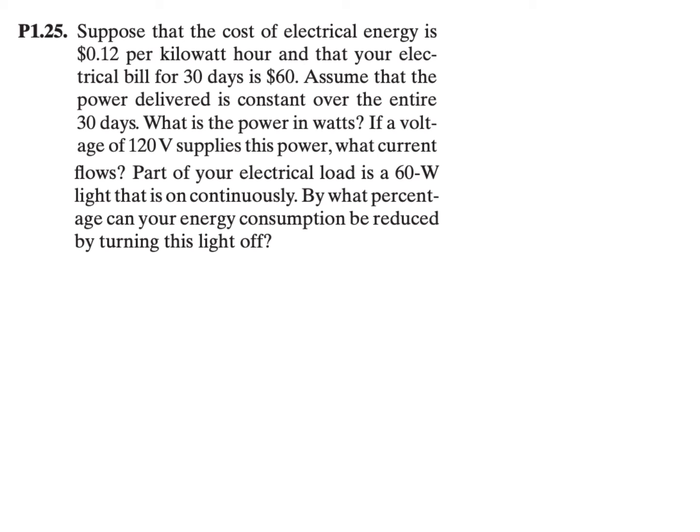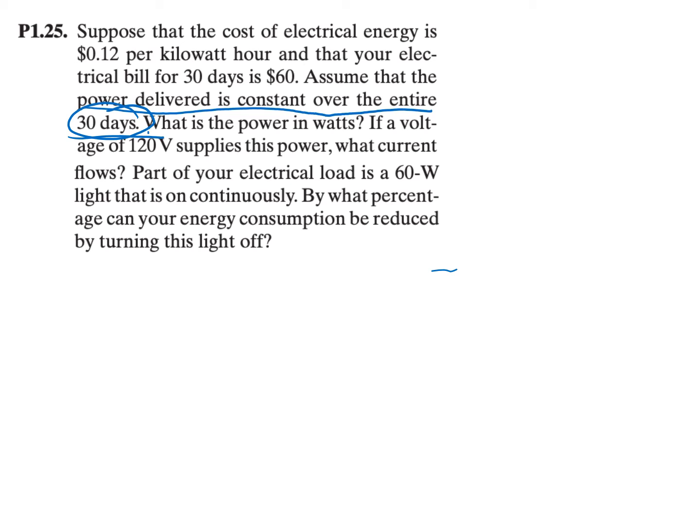So what does it mean by the power is constant over the entire 30 days? It means that the power is used constantly with a constant power value, 24/7, for these 30 days. So the power is a constant value, and that's the value we are to calculate.